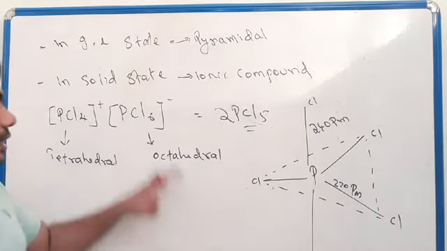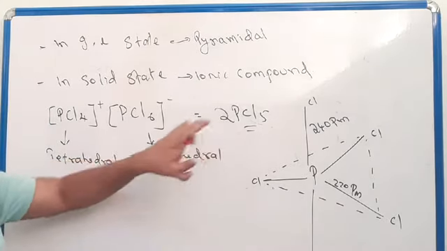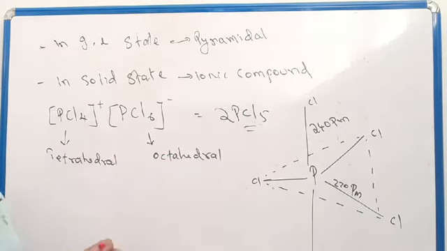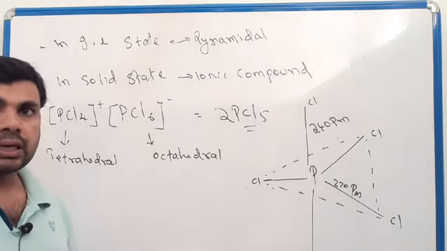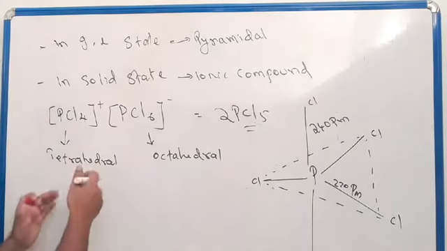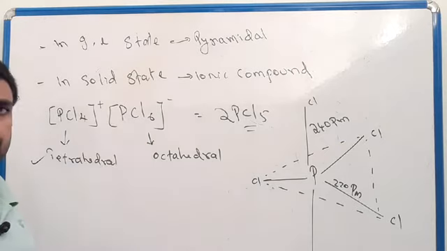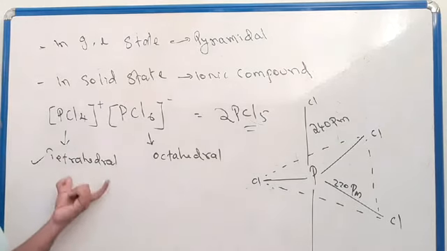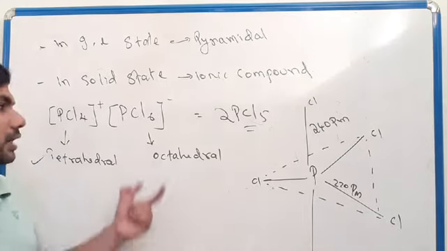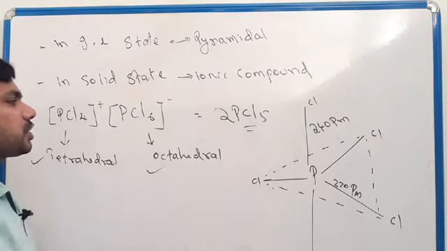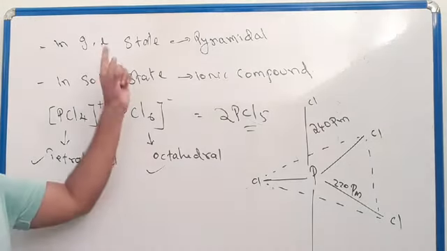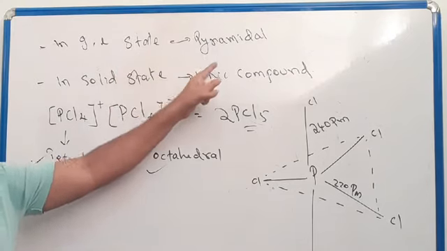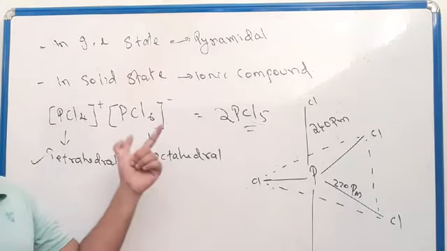So in solid state PCl5 exists in the form of an ionic compound. In an ionic compound there are positively and negatively charged ions. The positively charged part, PCl4, has a tetrahedral structure, and the negatively charged part, PCl6, has an octahedral structure. So in gaseous and liquid state it is a trigonal bipyramidal structure, and in solid state it is an ionic compound.